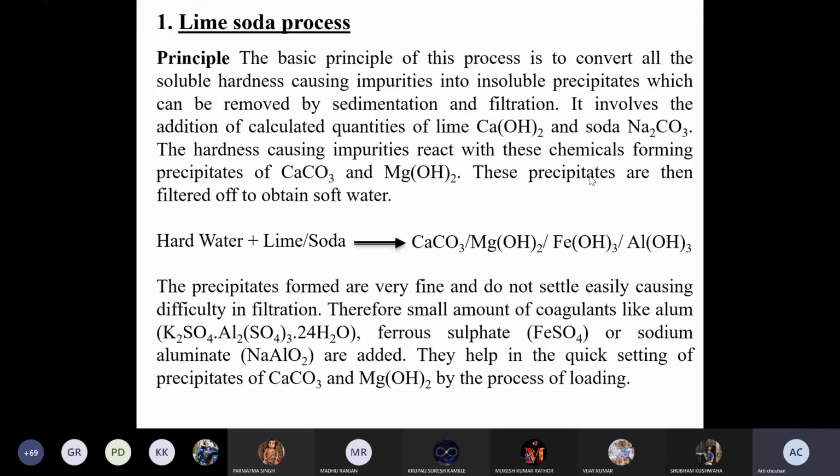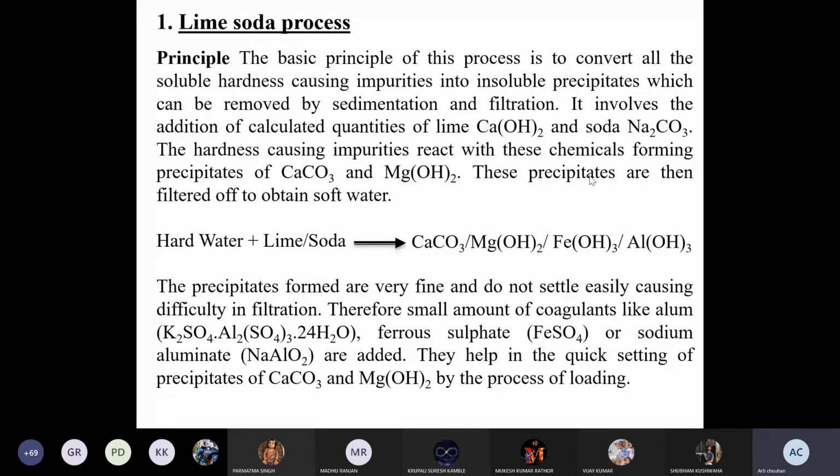So if you can convert the soluble substances into insoluble precipitates, then you can easily remove these precipitates by sedimentation, filtration, or blow down operation. Got it? This is the basic principle of the lime and soda process.